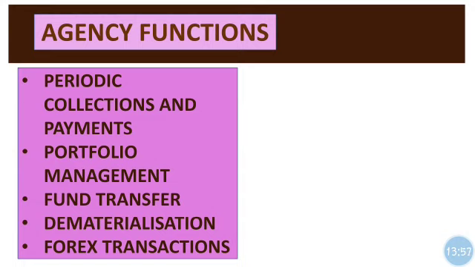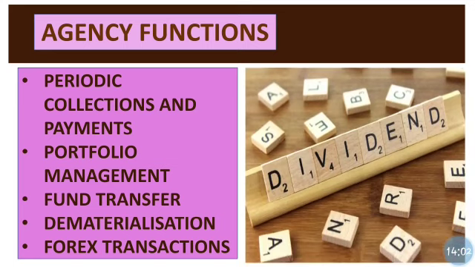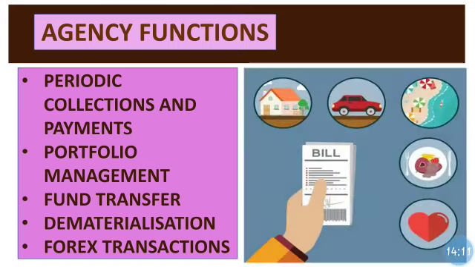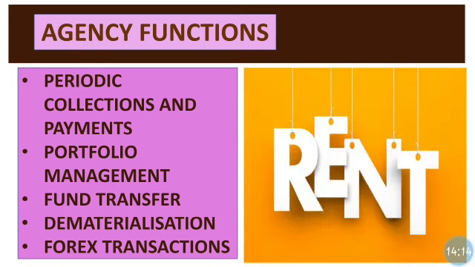First one is periodic collection and payments. The bank collects checks, drafts, promissory notes, dividends, interest, etc. on behalf of the customer and makes payments of rent, insurance premium, subscription, etc. The bank makes such payments by debiting the customer's account. The bank charges a quarterly or annual service charge for such services.